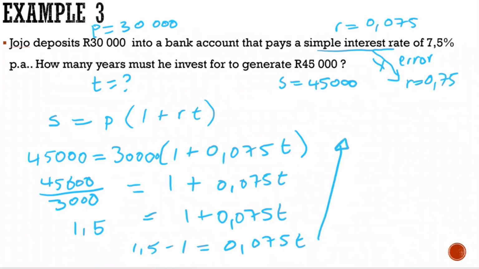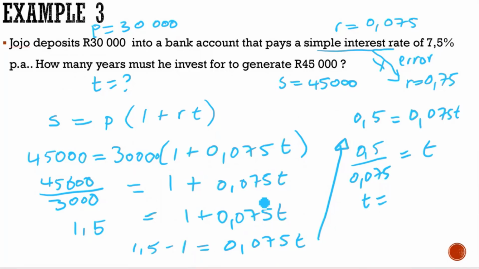So 1,5 minus 1 is going to give you 0,5, which is equal to 0,075 T. You divide both sides by 0,075. You are going to have 0,5 divided by 0,075, which is equal to T. Then you plug into your calculator, you find that your T is equal to 6,67.